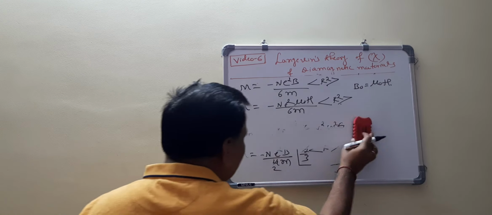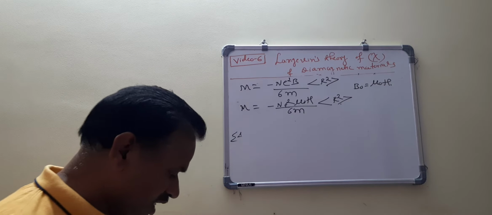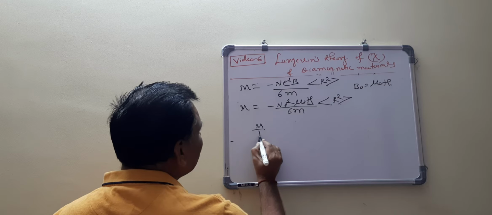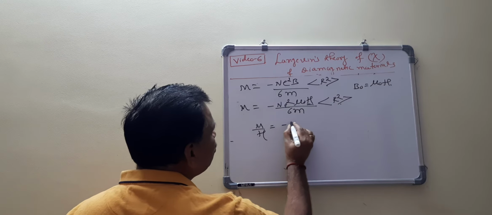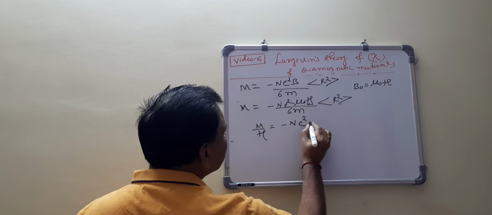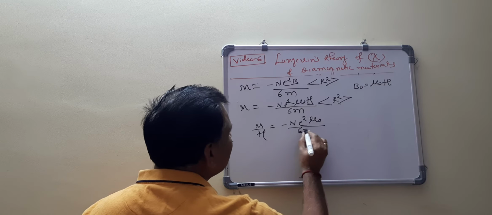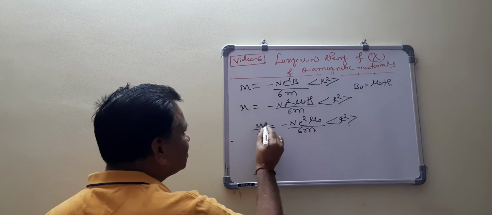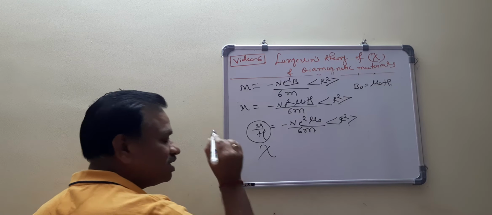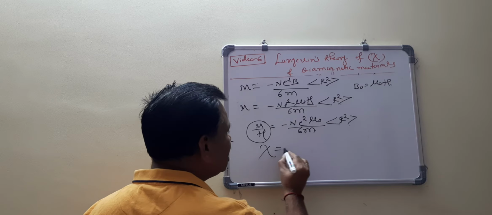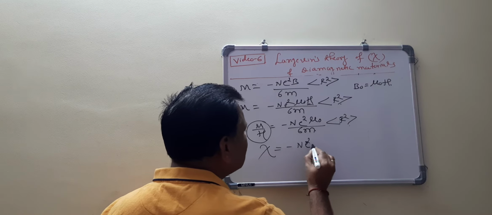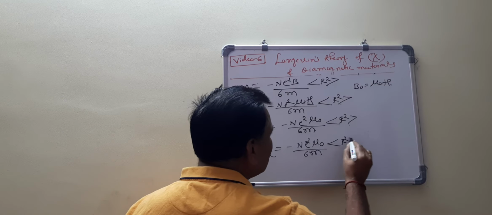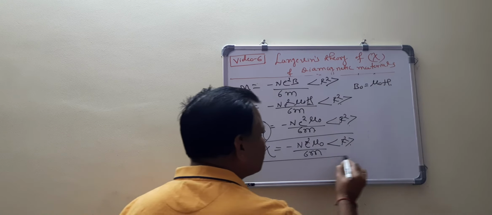M by H equals minus N e square mu naught divided by 6m of r square. M by H is nothing but the susceptibility, equal to minus N e square mu naught divided by 6m of r square. This is the susceptibility.